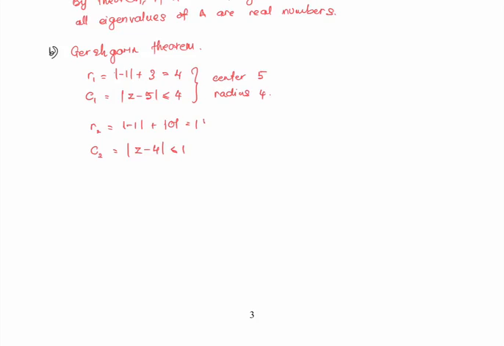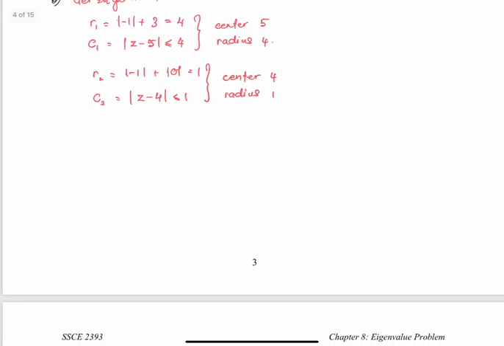So from here we know that our center is 4 and our radius is 1. And for row 3, we have absolute 3 plus absolute 0, which is equal to 3.